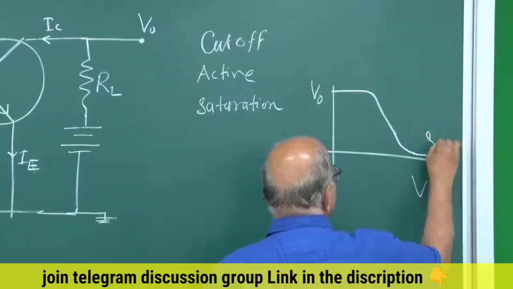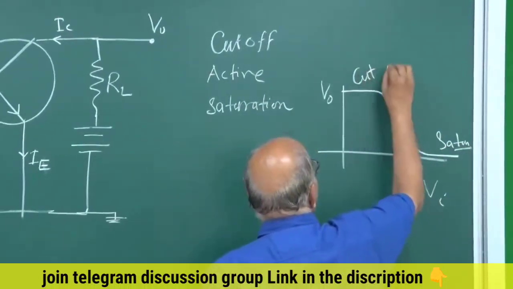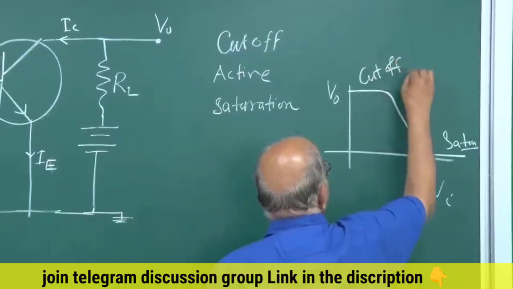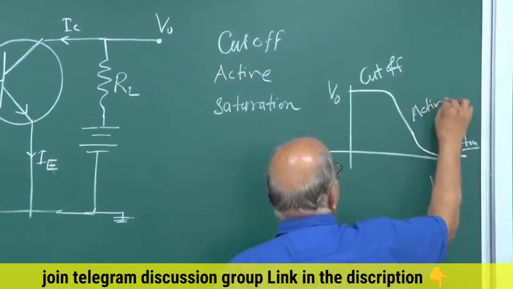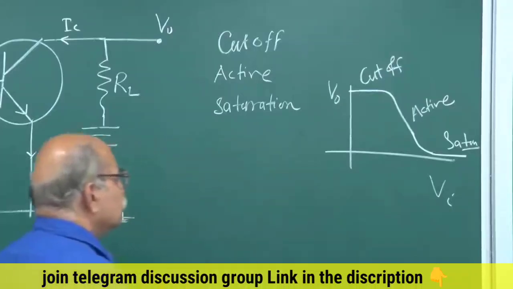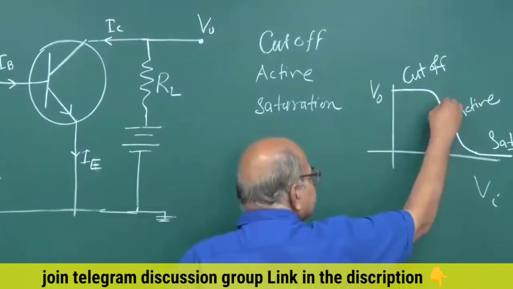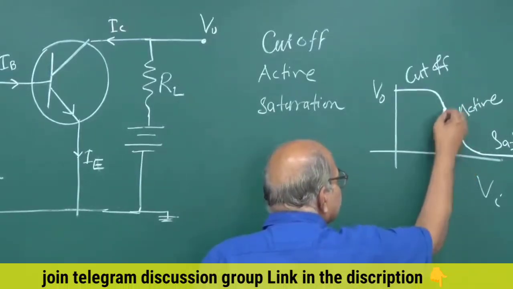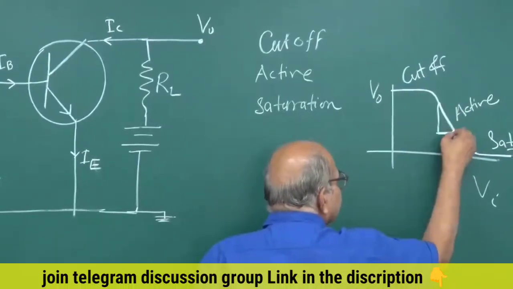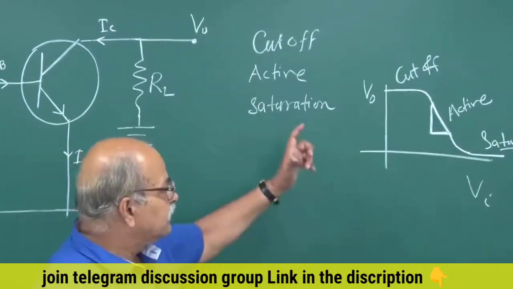So this is the saturation region, this is the cutoff region, and this linear part is the active region. These are the things we talked about. And then in the active region, the linear region, if you increase VI, then this VO decreases, but there will be an amplification.